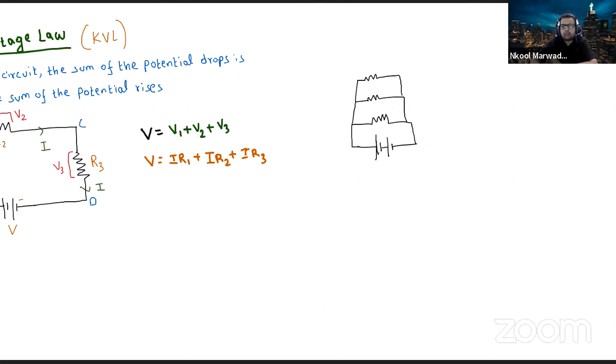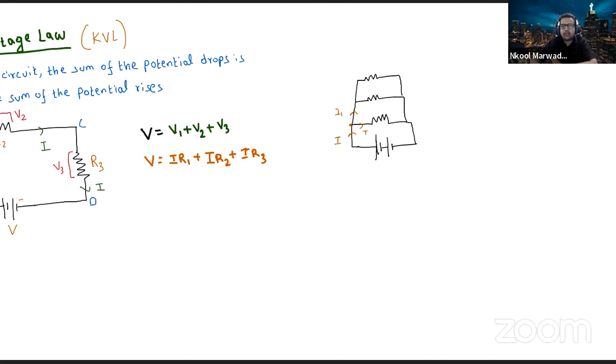Let us suppose from the battery, the current I am getting is I. Now what will happen at this node? This I will be broken into two components, because current is the flow of electrons. Some electrons will flow in this direction, some in this direction. Here we say that I1 current will flow, and here I2 current will flow.